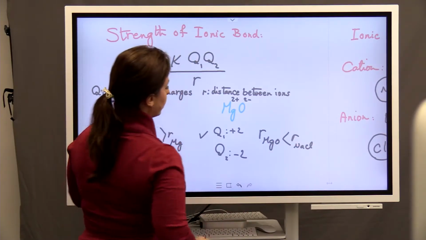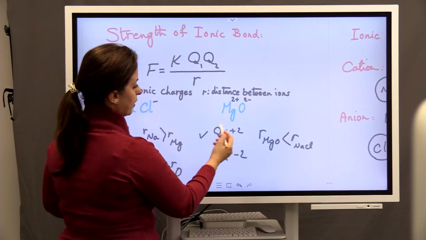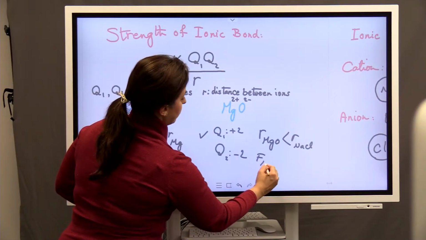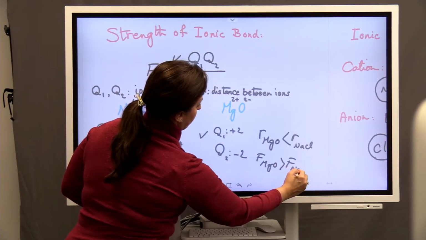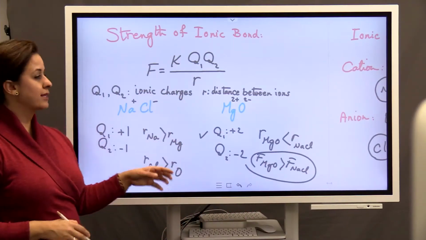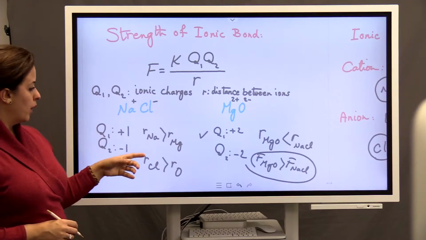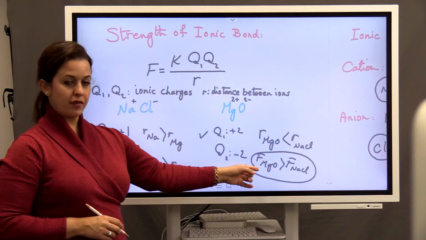This is another evidence that MgO will have a higher force. F of MgO is higher than F of NaCl. This appears in the melting points. Melting point for NaCl is less than that of MgO.